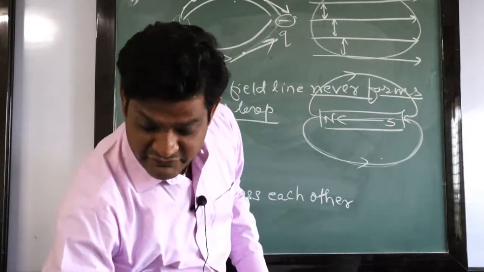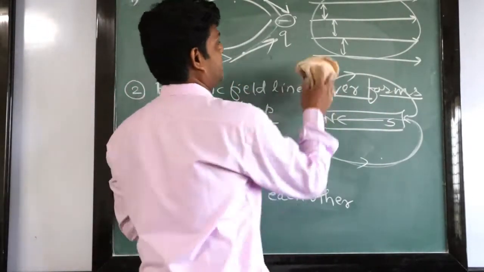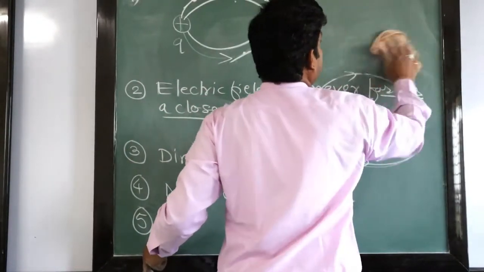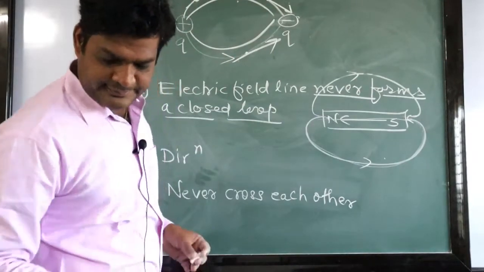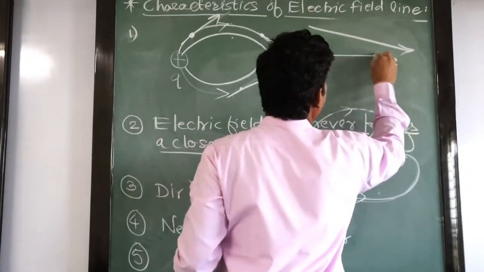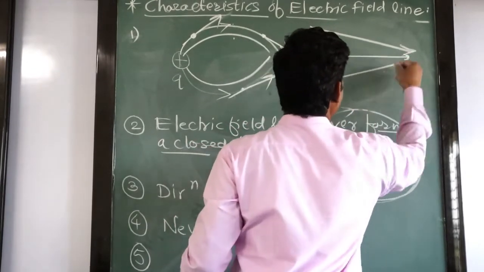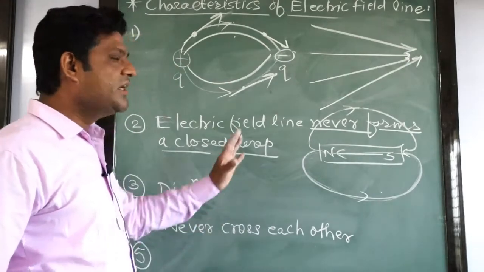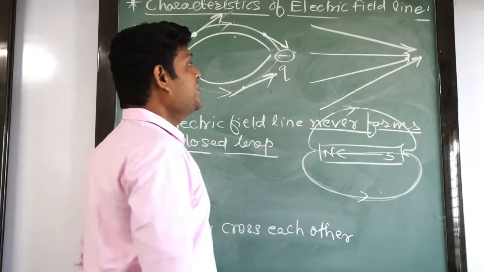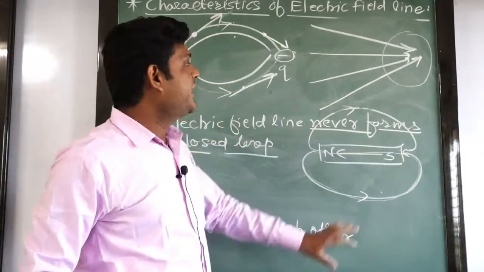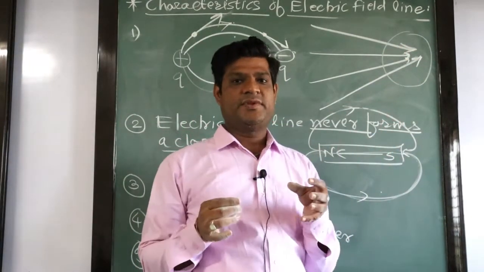What happens if the electric field lines are like this? Suppose the electric field lines are in this way. In this portion, the electric field lines are crowded, right?